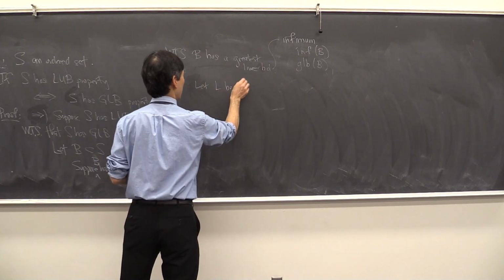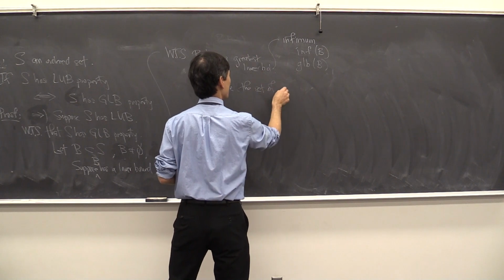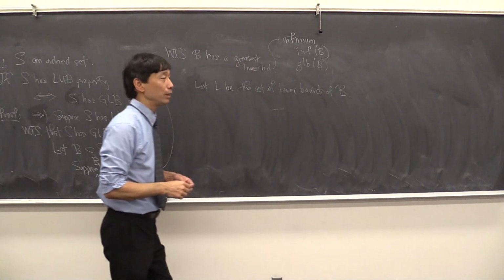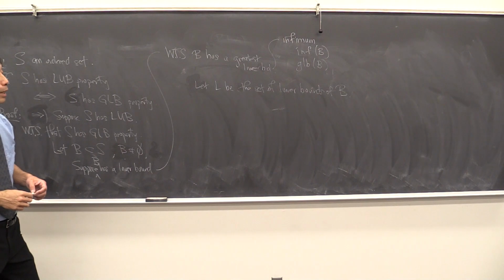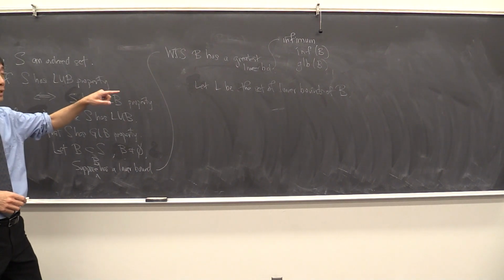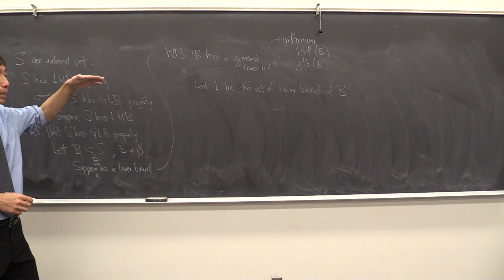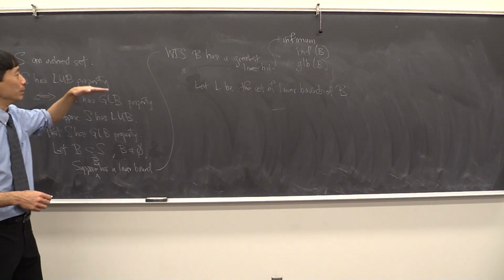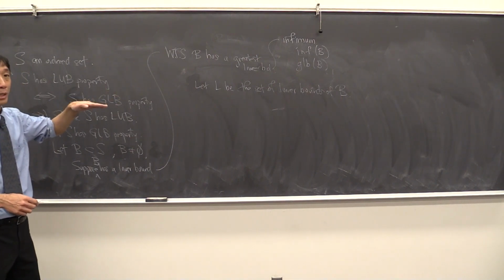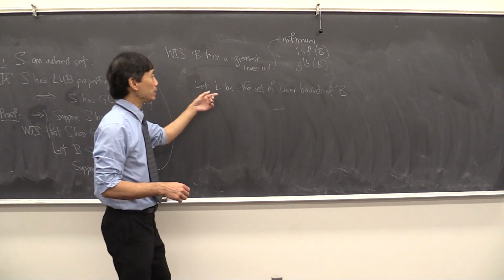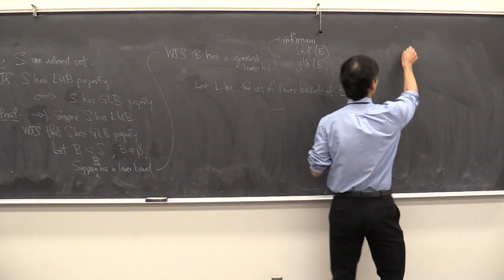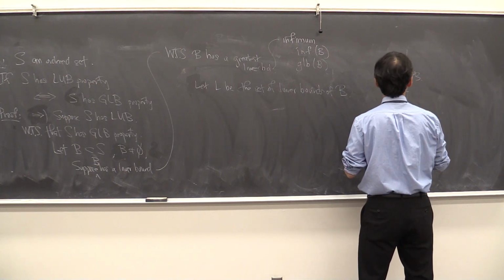Let L be the set of lower bounds of B. We're going to apply the least upper bound property to L, and that will give us a least upper bound of L. We're hoping that the least upper bound of the set of lower bounds will be the greatest lower bound of B. Make sense?